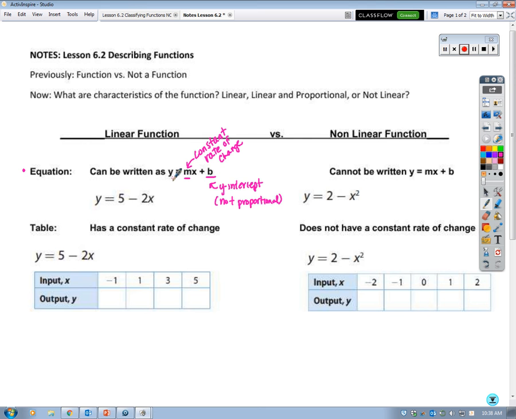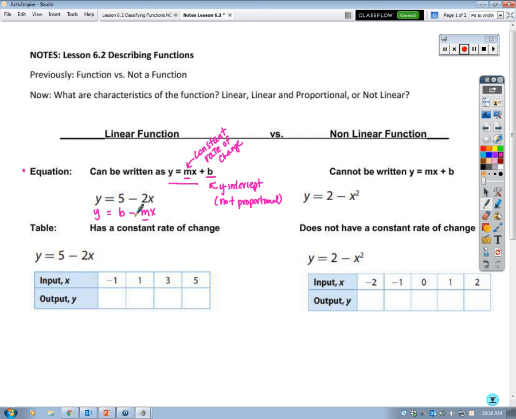So if it's in y equals mx plus b form, and it has a y-intercept, it is linear, but not proportional. If it is just y equals mx, then it is linear and proportional. Okay, so for this equation right here, this is our y equals, and here is our mx, so our slope, and this would be our b.